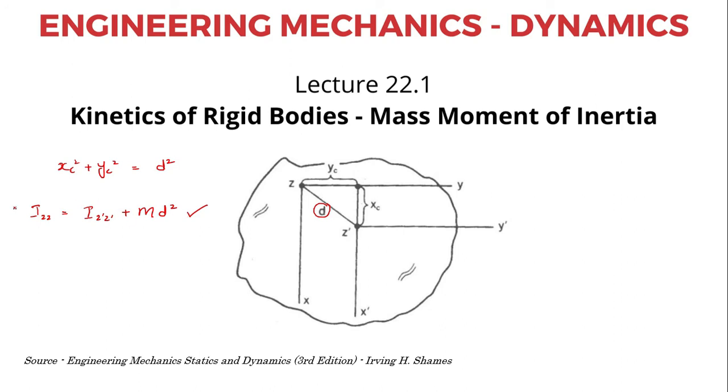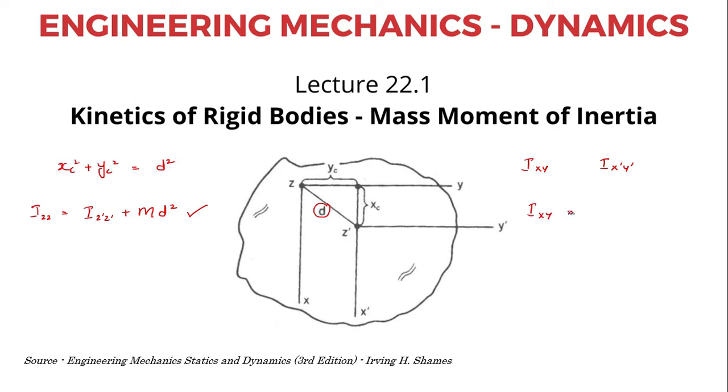The same can also be represented in terms of the product of inertia. If I have the product of inertia Ixy relative to the xy reference and the product of inertia Ix'y', then I can relate both of these in this corresponding form.